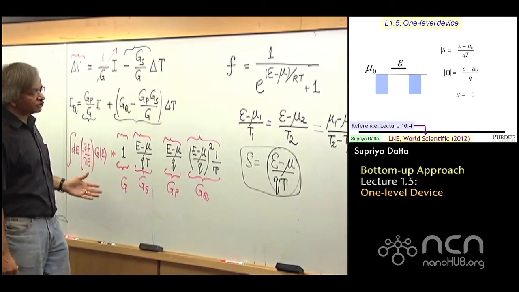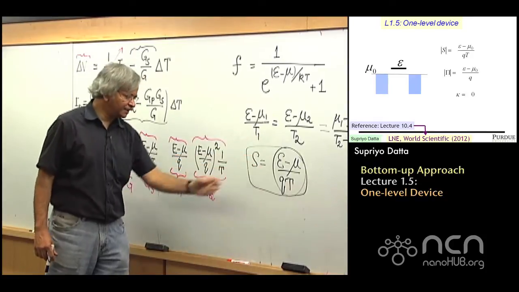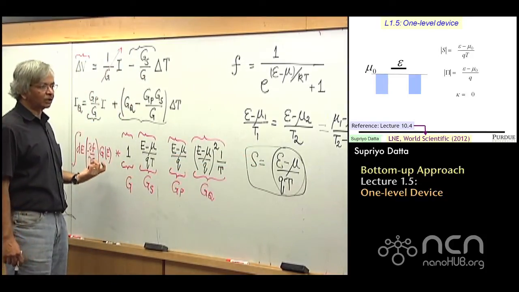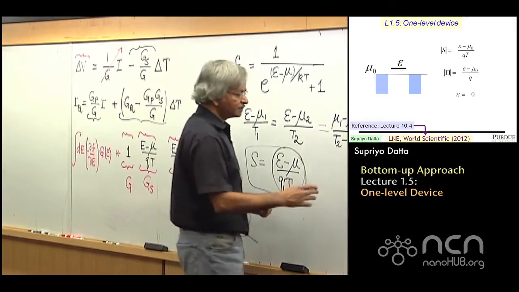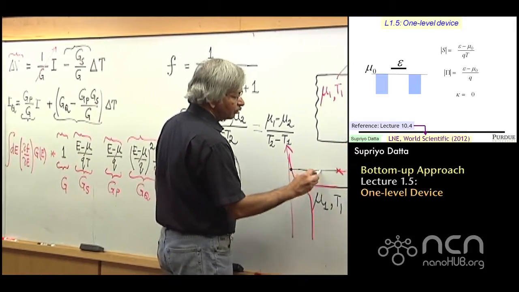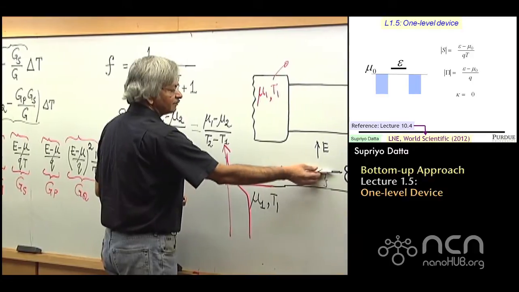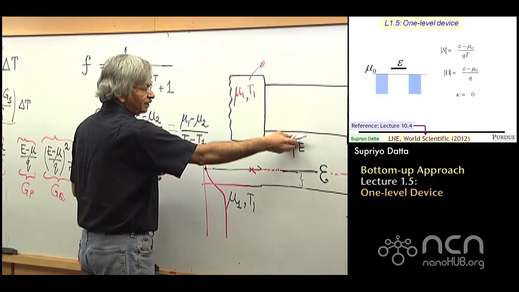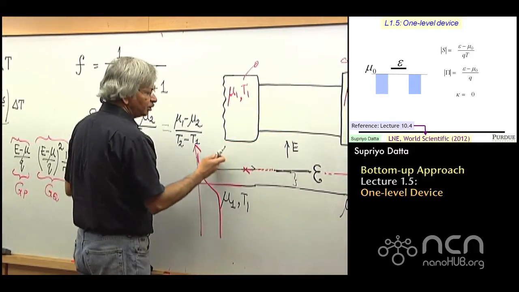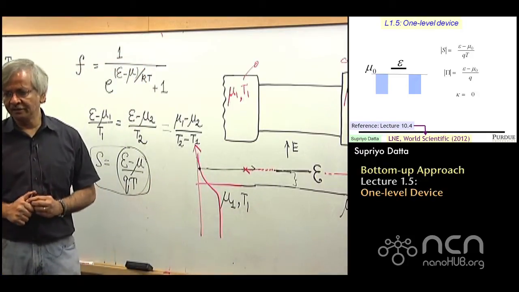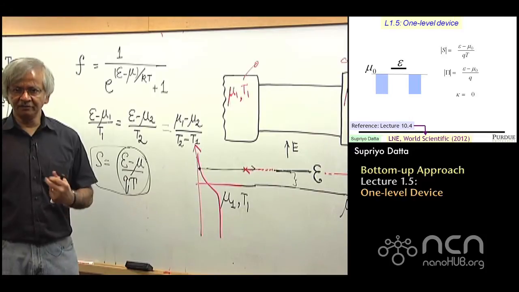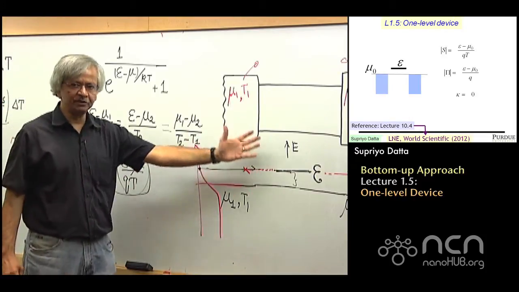So what would happen is you would then have a device with a high S, but it would have a very low conductance, because after all, conduction, you see, is because of these electrons that are going through at this level. And if this level happens to be, say, 20 kT above mu, then there would be hardly any electrons going through. You'd kind of theoretically have a high Seebeck coefficient, but there would be this enormous resistance associated with it, which wouldn't be very useful.